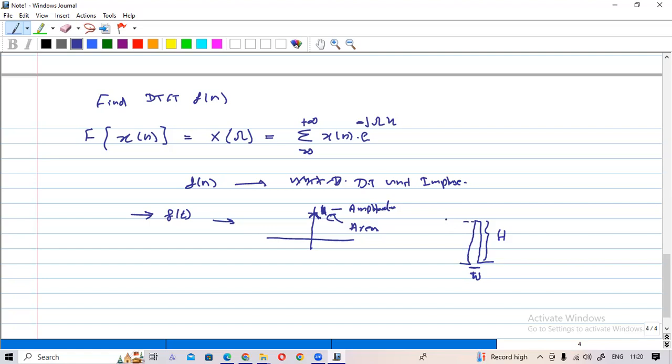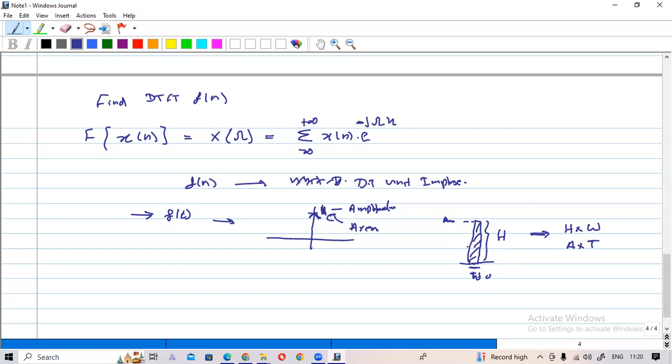So if you want to find the area of this pulse, that is nothing but height into width, that means amplitude into time duration. Now impulse means the width should be zero, so there is no time duration.